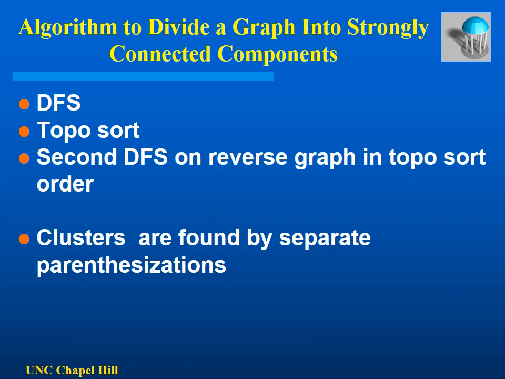So to restate our algorithm, we begin with a depth first search on the original graph. We then do a topo sort from that depth first search, if you will, sorting the nodes in their finishing time order from the depth first search. We use that topo sort order to do a second depth first search on the reverse graph.